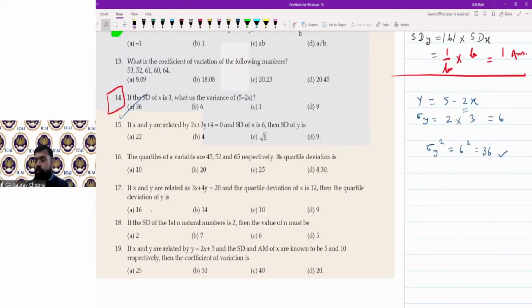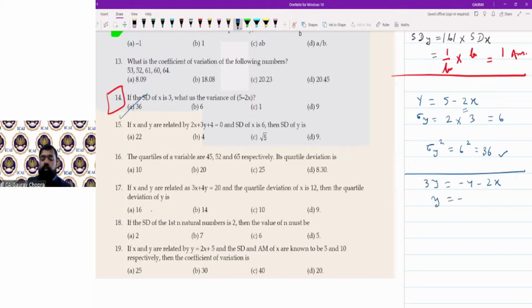Let's wait for some more. Mehak, option number B. So first of all, you have to arrange. Shreya Tiwari has also given B. Samina also B. Yes, so the girls are correct. 3y is equal to minus 4 minus 2x.